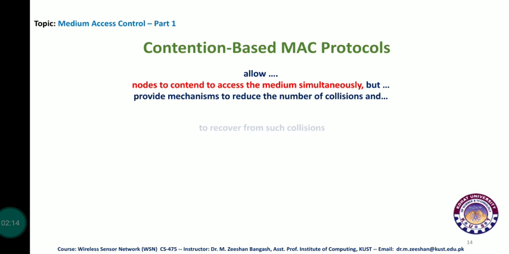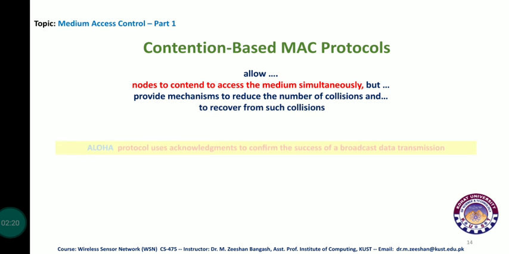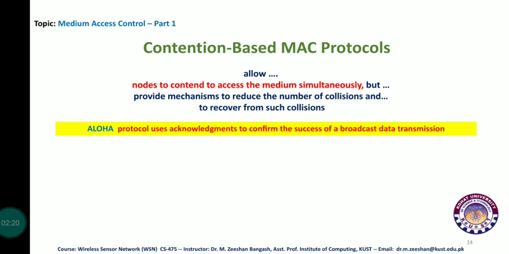The mechanism has to reduce the number of collisions, and it has to recover if any collision occurs. So the Aloha protocol is one example of the contention based MAC protocols that uses acknowledgement to confirm the success of the broadcast data transmission.